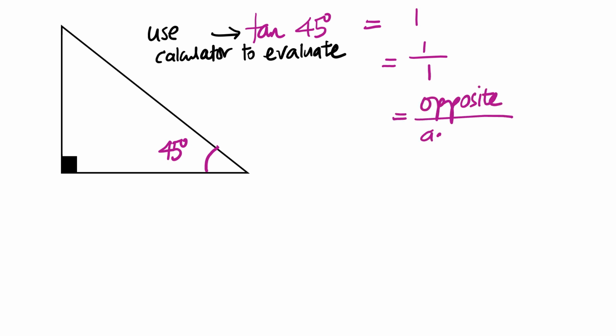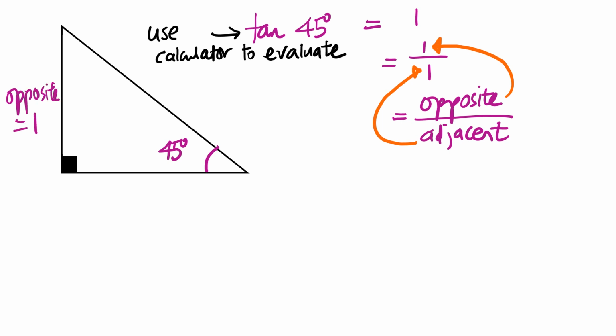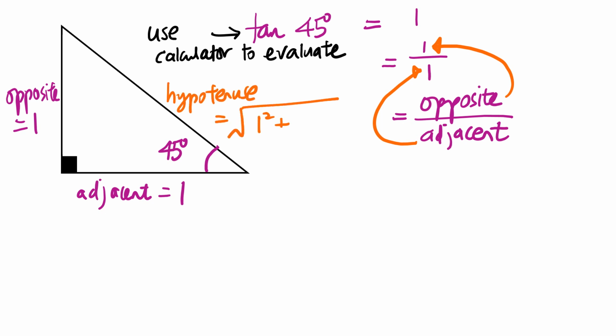To find tangent, we take the length of the opposite side divided by the length of the adjacent side. So in this case, we let the opposite side have 1 unit, adjacent side also 1 unit. And then we use Pythagoras theorem to find the longest side, which is the hypo. That will be square root of 1 squared plus 1 squared, which gives you square root 2.